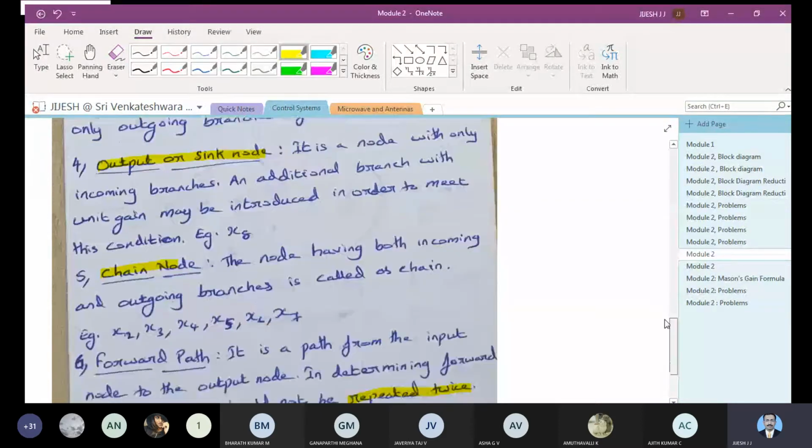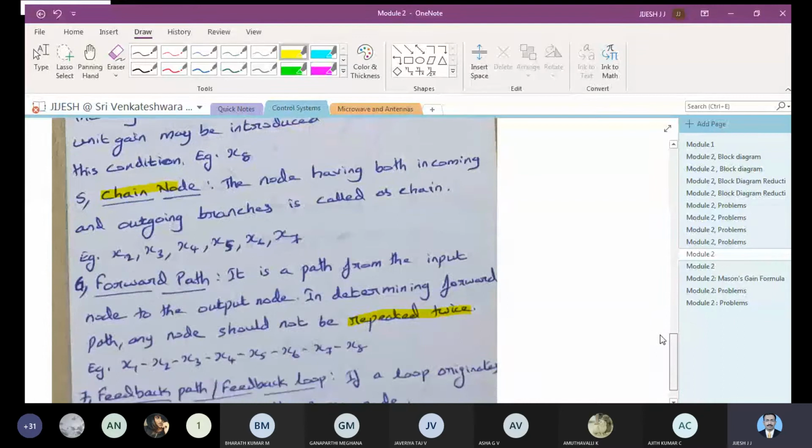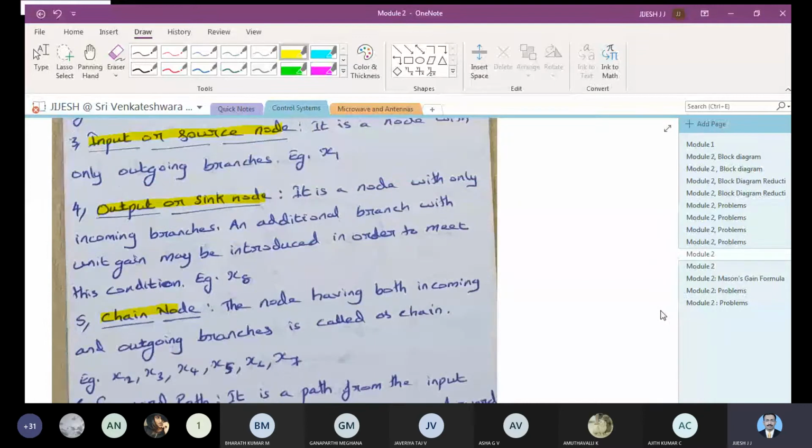Forward path means very simple. If you are going from one point towards another point, you should not touch any of the nodes again. Once you leave that node, you should not come back to that node again.